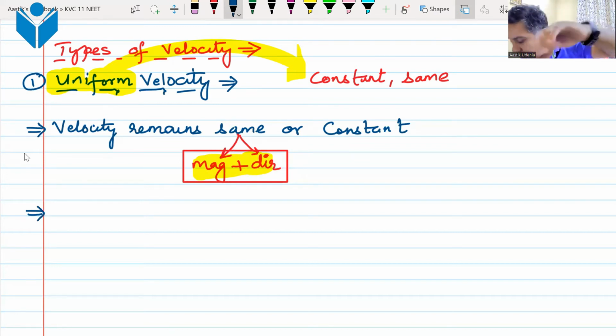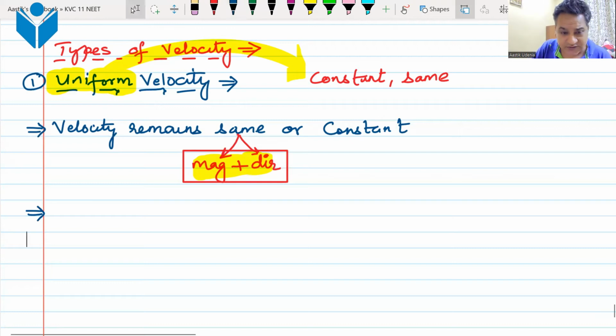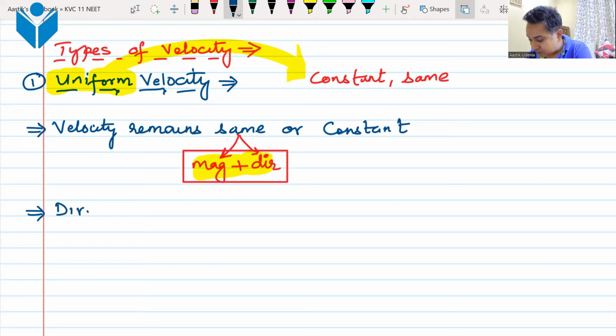You can write this: the direction of motion remains same.